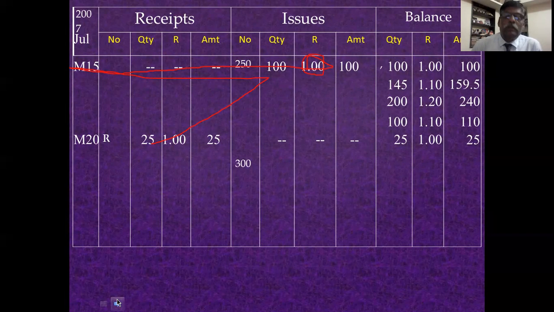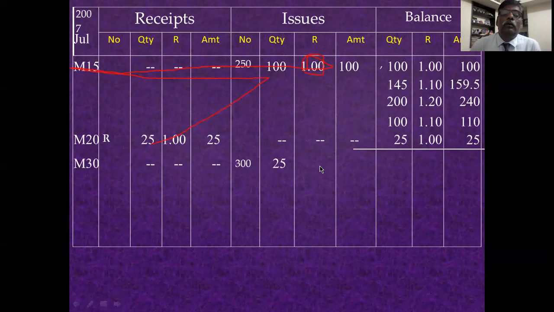Then last is 30th. 30th there is an issue. Number is 300. Issued quantity is 125. First you issue the returned quantity, 25 units, then you follow the method. 25 at the rate of 1, 25.